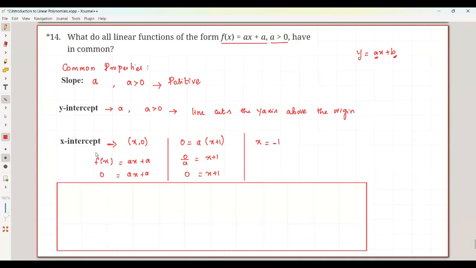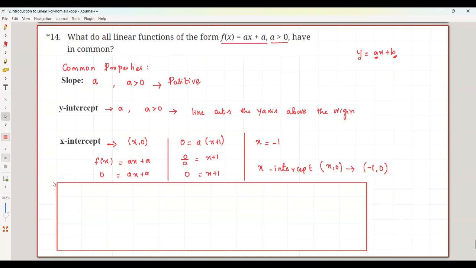So the x-intercept point x comma 0 is minus 1 comma 0. So it will intersect at minus 1 comma 0.